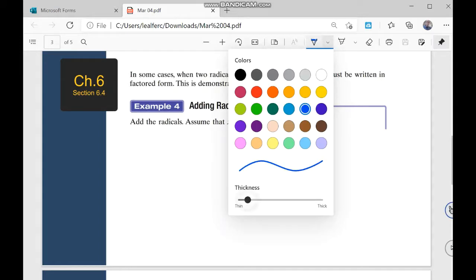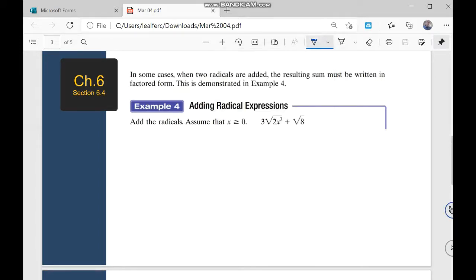Let me show on this example, letter A, 3 square root of 2x squared plus square root of 8. Okay, this is an addition of radicals, but I cannot spot straight away what is the like radical.